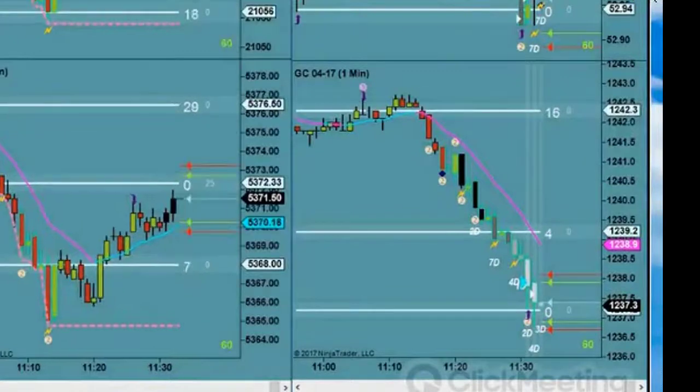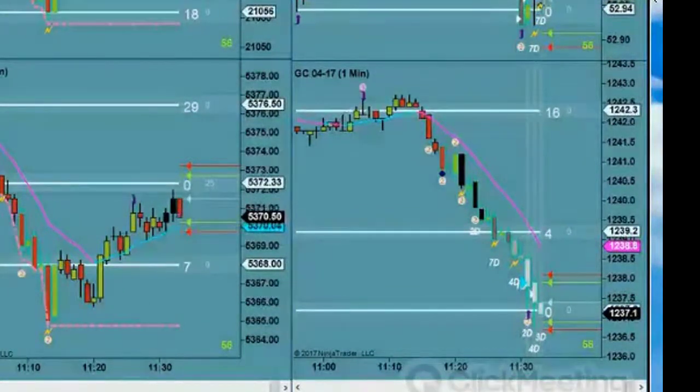GC still valid. I'm going to switch the zone back over there. Momentum's continuing down. I'm not in it.